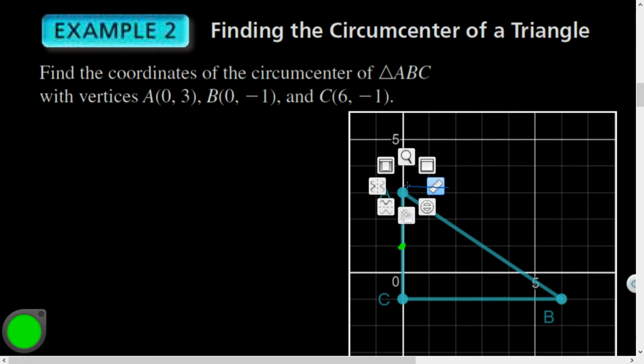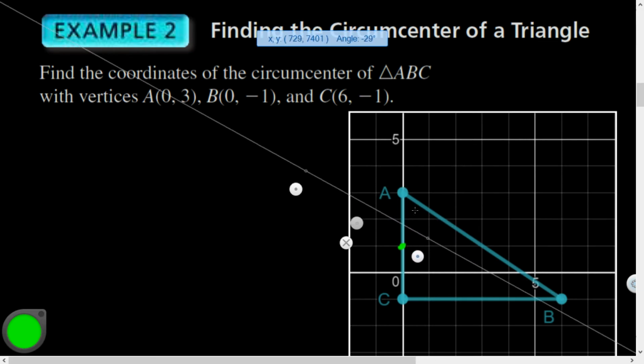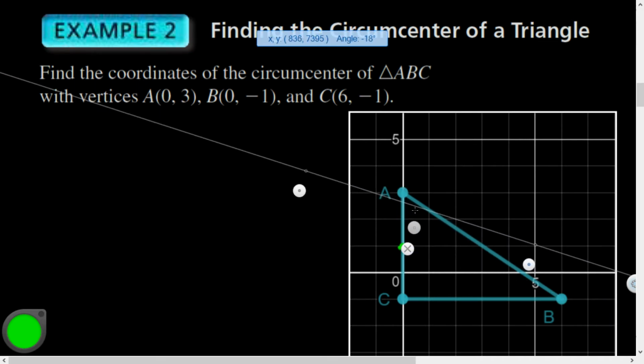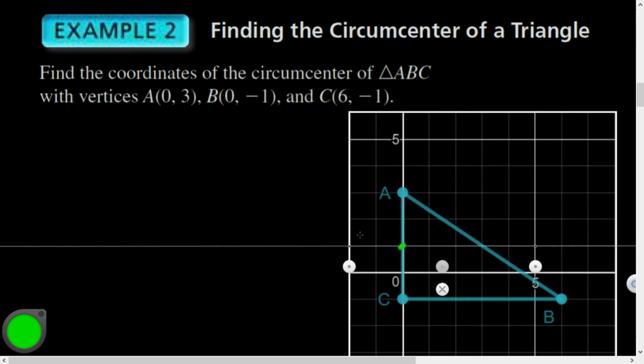And if I want to construct a perpendicular bisector, AC is a vertical line, which has undefined slope. What's the slope of a line that is perpendicular to that? What's the slope of a perpendicular line to a vertical line? Yeah, so it's horizontal and has a slope of 0.